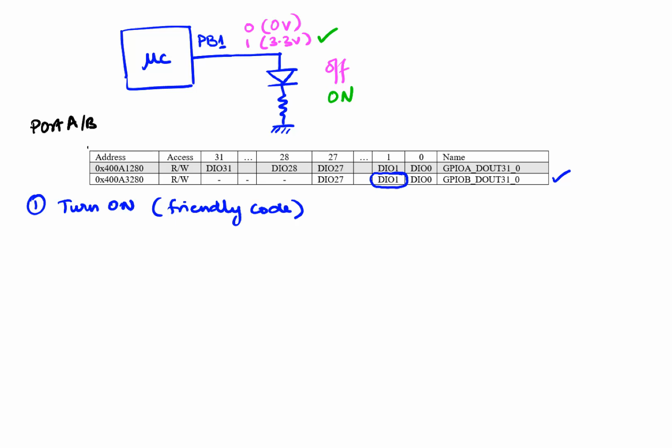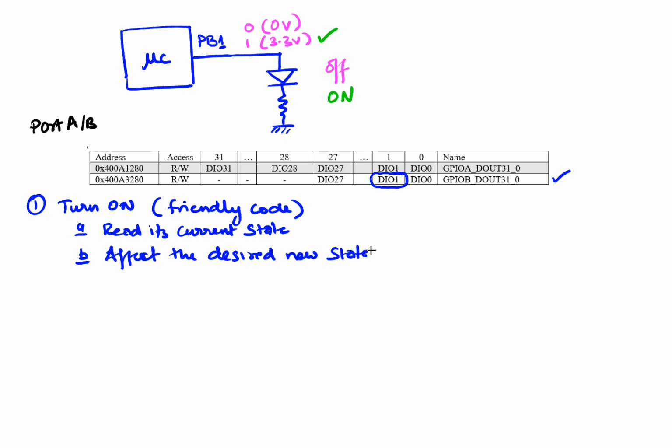So first step is to read its current state. And then the second step, we're going to affect the desired state. When you say current state, you mean I'm going to read all of the bits of port B? Exactly. And then we're going to affect the desired state, and then we're going to write it out. Yeah, that's the idea.